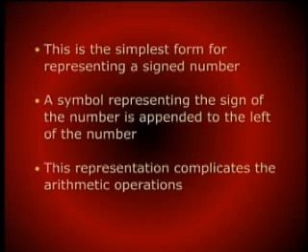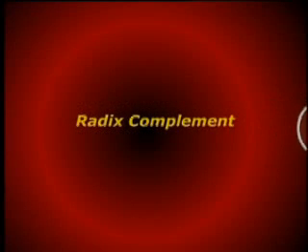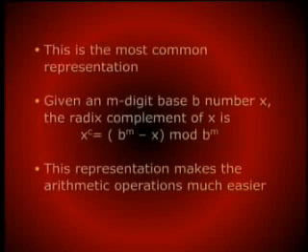This representation complicates the arithmetic operations. As an example, in decimal we could have plus 131, or we could have minus 131.